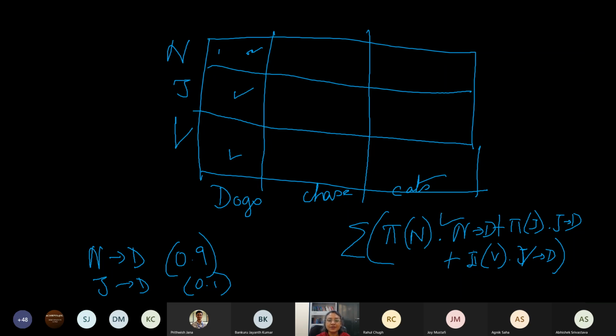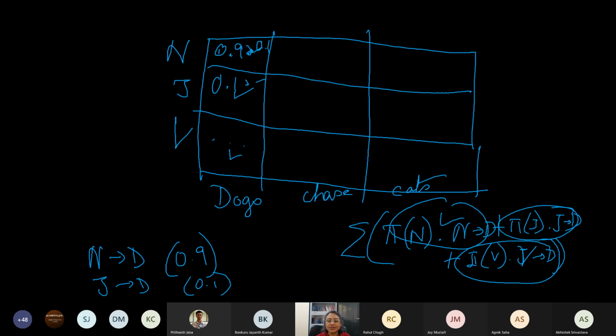That is each of these terms. So this is this term, this is this term, this is this term. So we have computed this term, say 0.9 times this emission probability, then this 0.1 times this emission probability, etc. So these probabilities are computed. Now we come to chase. Chase can be noun, adjective, or verb. Let us see chase as noun.